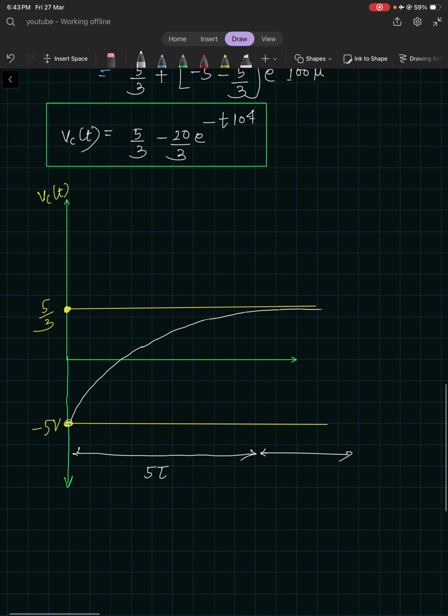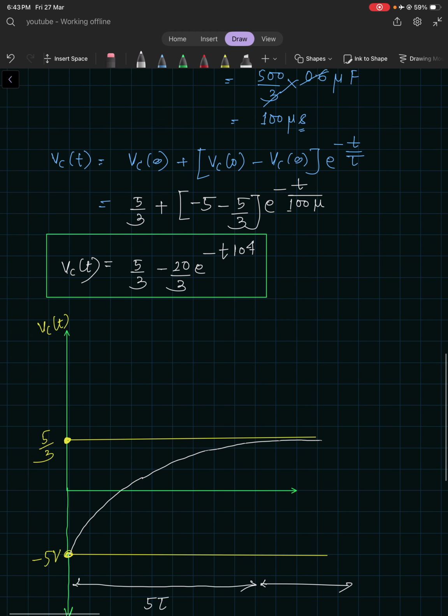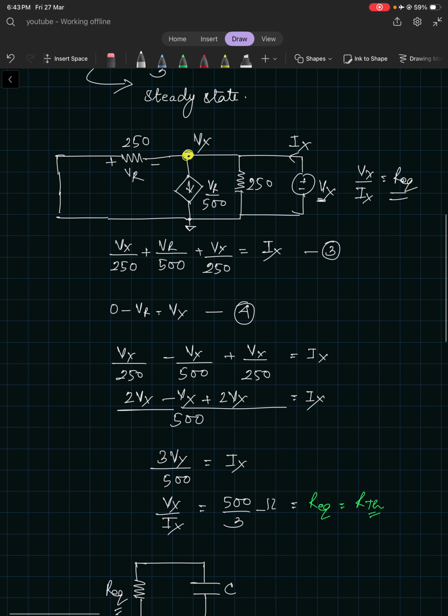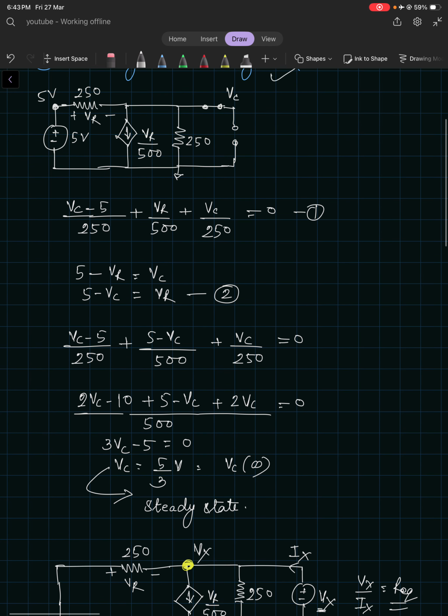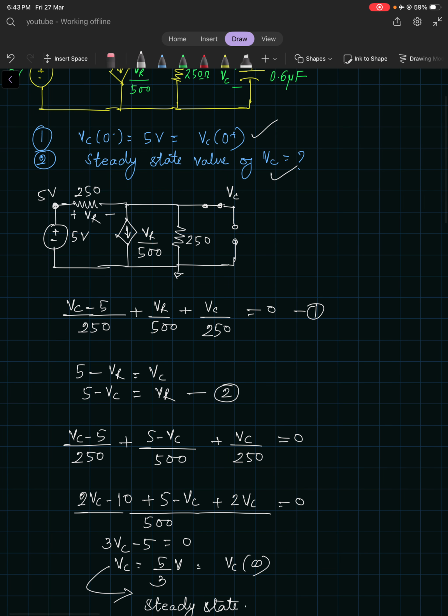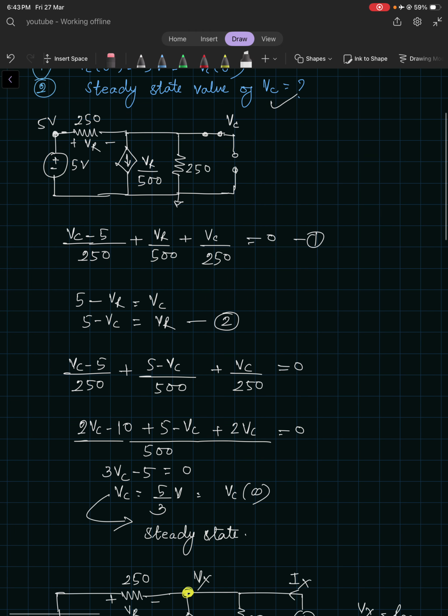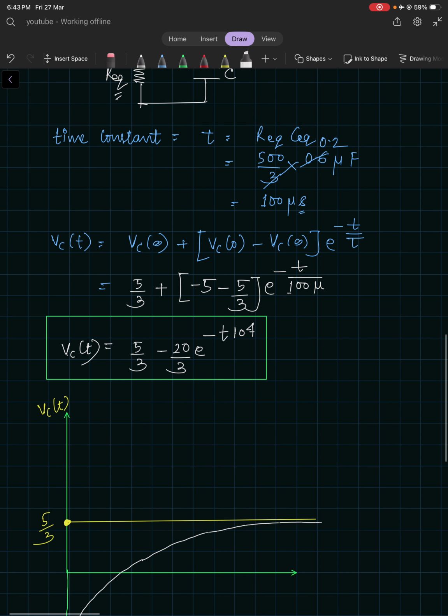If you only need to draw the graph, then we need not calculate the time constant, means the equivalent resistance is not required. Just the initial condition and the steady state value are enough to draw the graph. But it has to be a first order circuit.